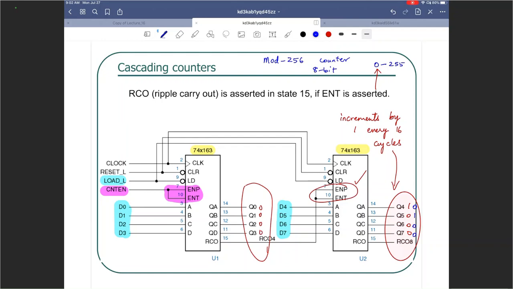both the 74x163 to be triggered by the same clock source, which means that the clock source that gets it to 1, 1, 1, 1, I want that clock source to get that to increment by 1 after that happens, right? And during that cycle, this also needs to go to 0, 0, 0, 0.